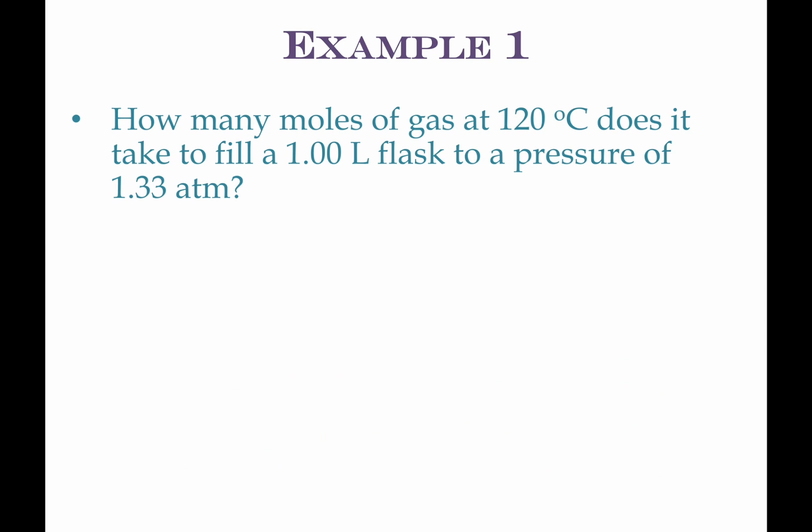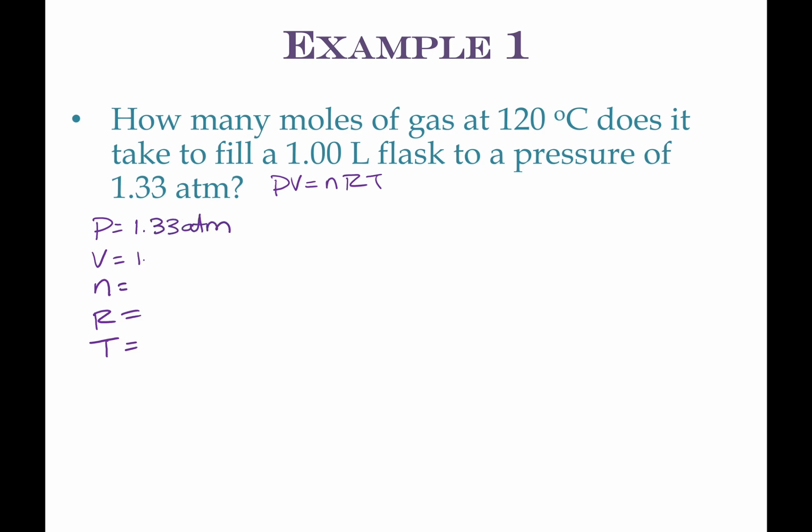How many moles of gas at 120 degrees Celsius does it take to fill a 1 liter flask to a pressure of 1.33 atmospheres? PV equals nRT. Give it a try. Pause it, give it a try. P, V, n, R, T. Pressure, 1.33 atmospheres.